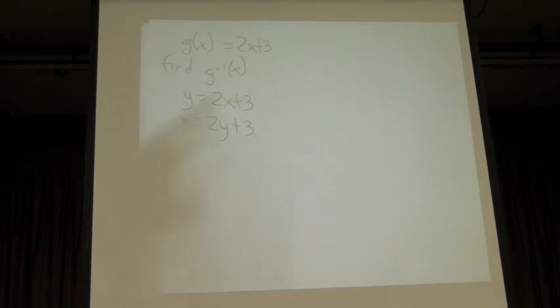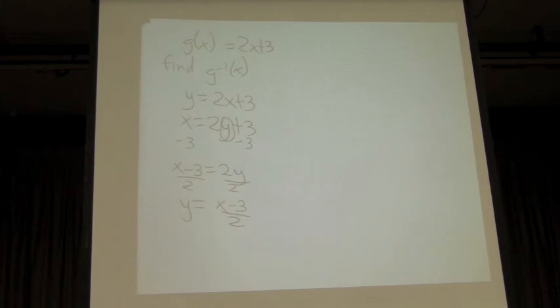So change g of x to y, switch x and y. Now solve for this y using algebra. Subtract 3 from both sides. x minus 3 equals 2y, and divide by 2, and you get y equals x minus 3 over 2. And the last step, change your notation back to the inverse of g of x.